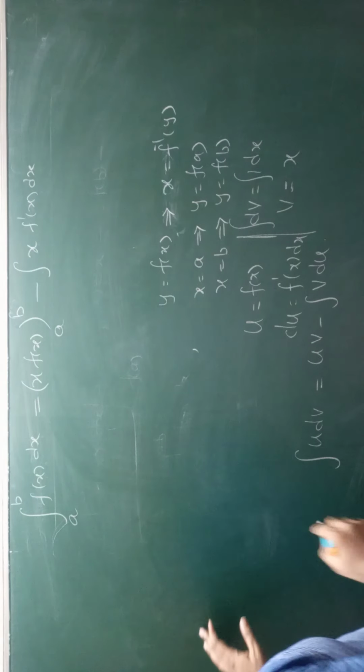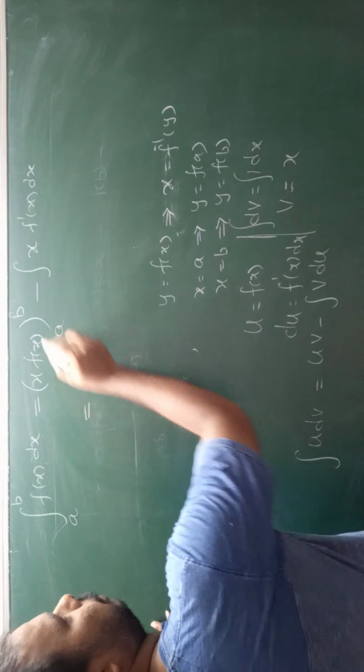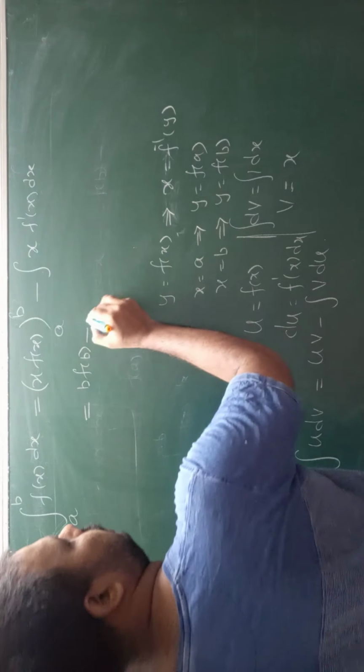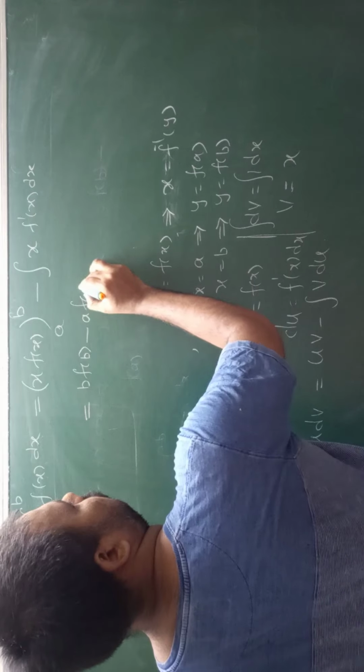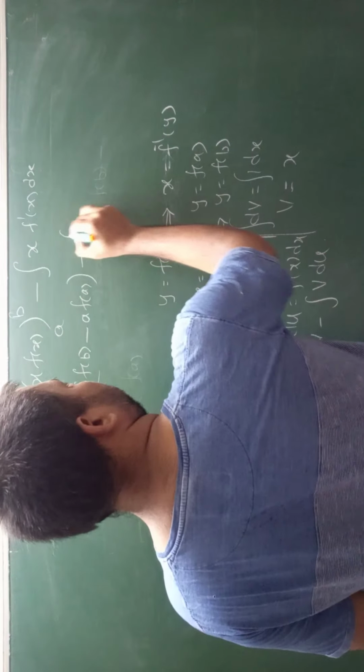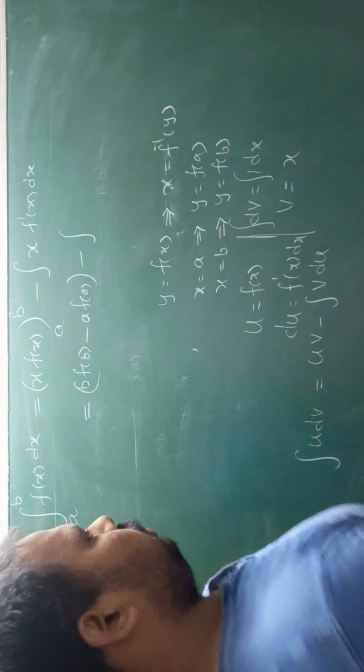So therefore that is equal to upper limit b into f of b minus, substituting the lower limit, we get a into f of a, minus here integral.